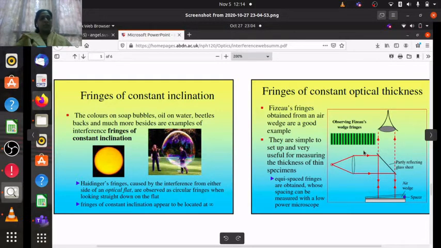This type of fringes were first investigated by Fizeau, and Newton's rings are an example of this type. Fizeau fringes obtained from an air wedge are also a good example of fringes of constant optical thickness.